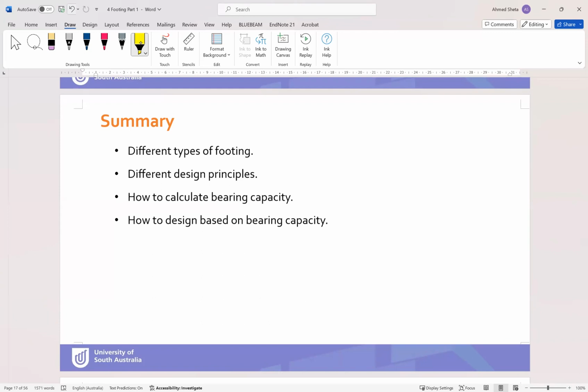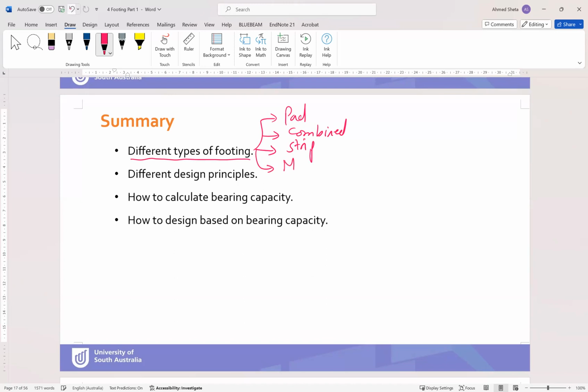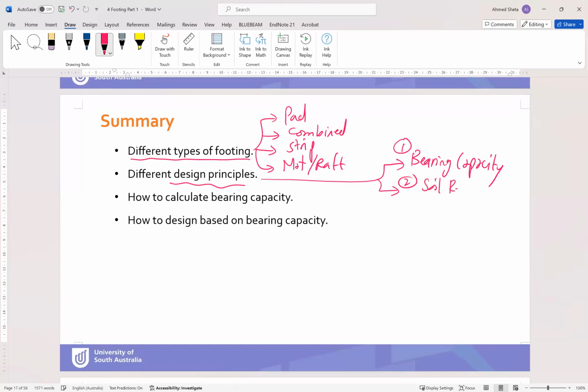So we have talked about different types of footing, like pad footing, combined footing, strip footing, and mat or raft footing, and different design principles of shallow foundation, which include design based on bearing capacity, which is the first one, and the other one is based on soil reactivity.